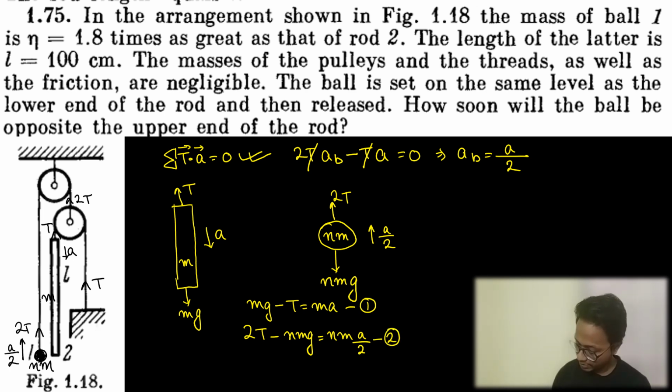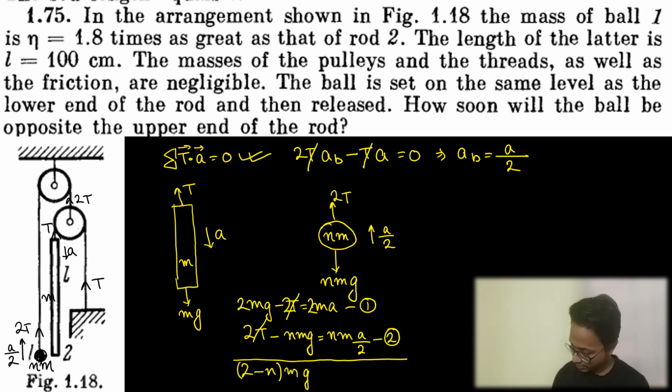Okay. If I multiply this first equation by 2, 2mg, 2T, 2ma. Why am I multiplying? To cancel out this T from both the equations. So out here, can I take mg common? 2 minus n into mg is equals to, I'm taking ma common out here, 2 plus n by 2 into ma.